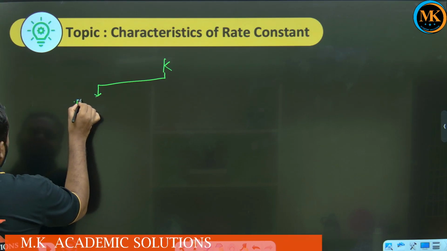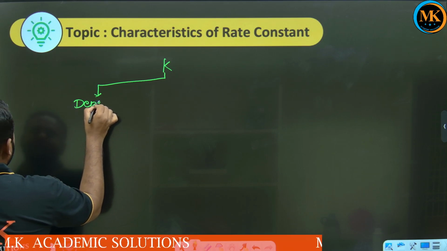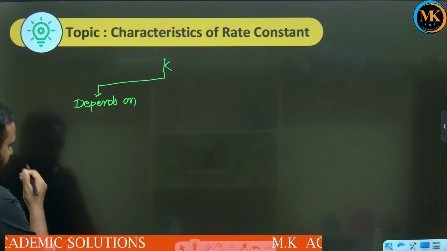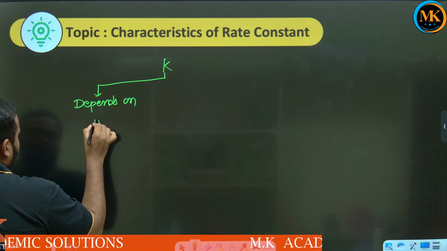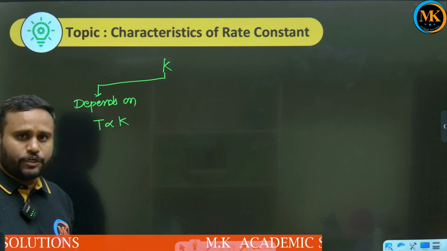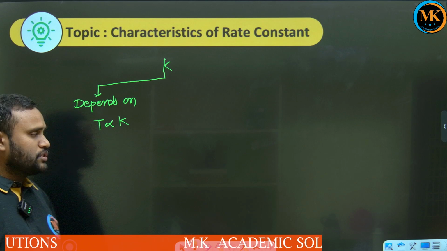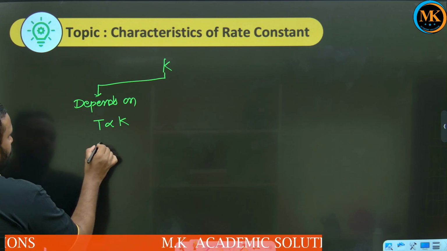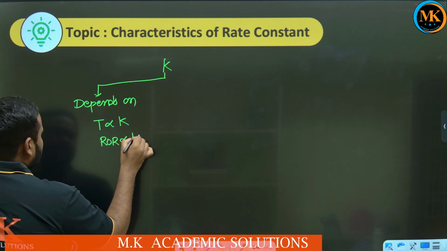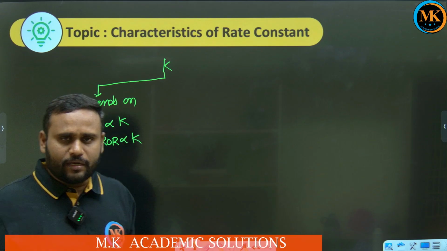K depends on temperature. Temperature is directly proportional to rate constant, which means when temperature increases, rate constant also increases. Next, rate of reaction: K is the direct measure of the rate of reaction.